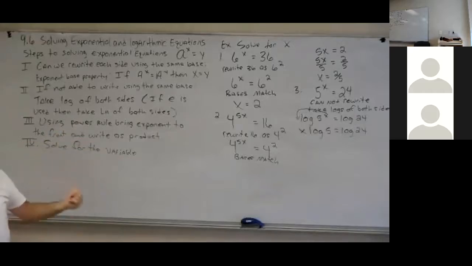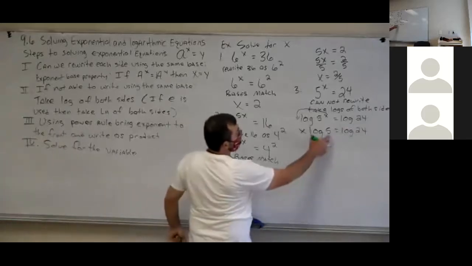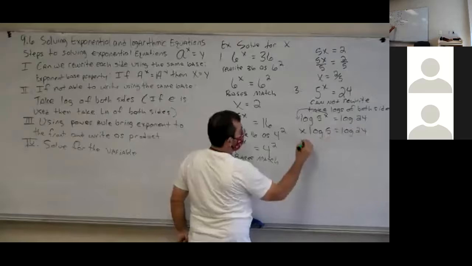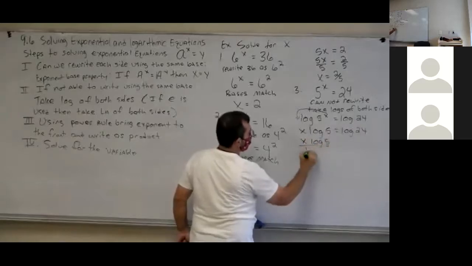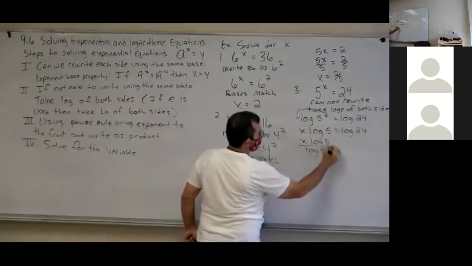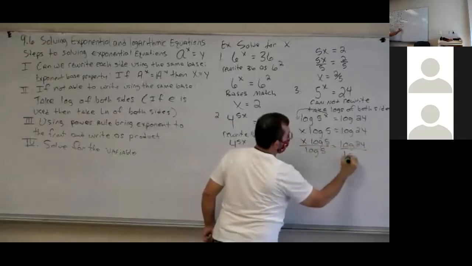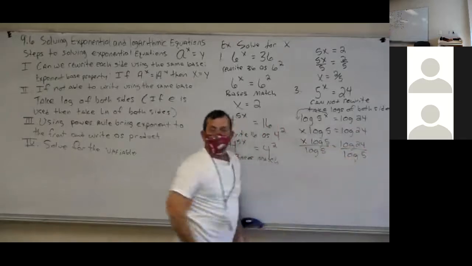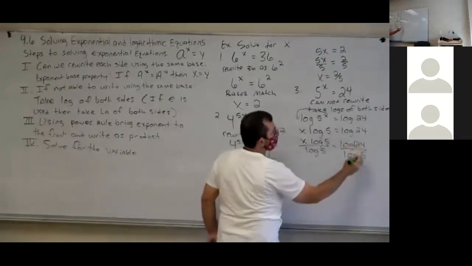All right, so x times log of 5 equals log of 24. I need that x by itself, so I will divide both sides by the log of 5. Y'all, if you want to get this right, when you do these logs, it's going to give you a parenthesis.